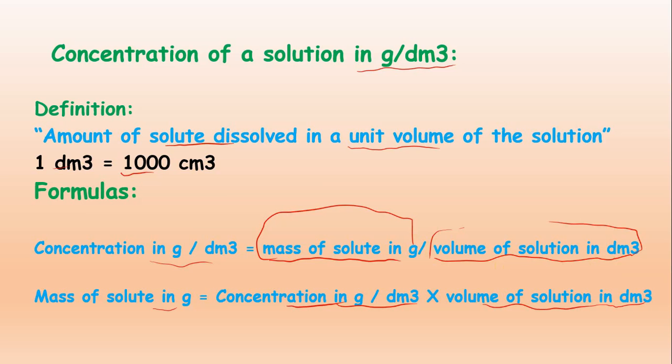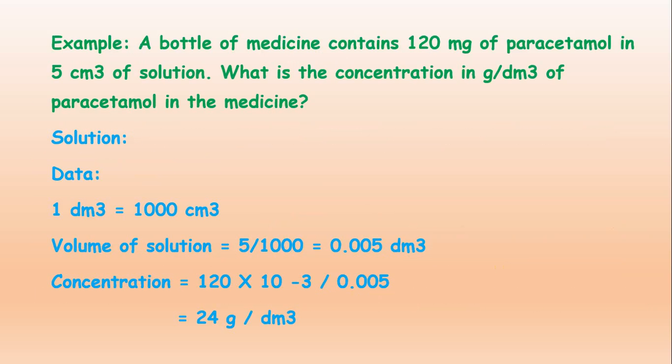Now we are trying to solve the questions related to this. A bottle of medicine contains 120 milligram of paracetamol in 5 cm cube of solution. This is the volume, this is the mass. What is the concentration in gram per dm cube of the paracetamol in the medicine?